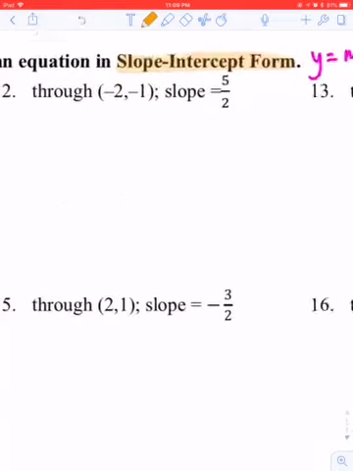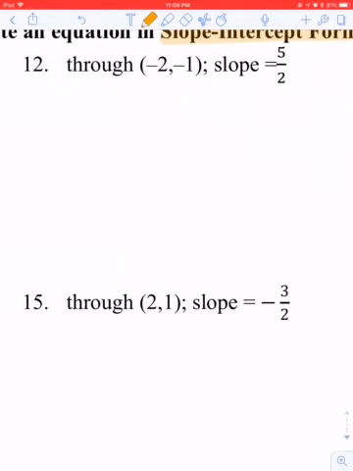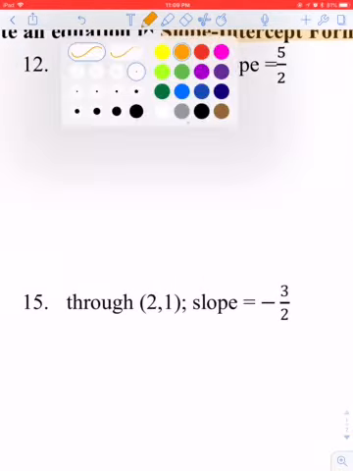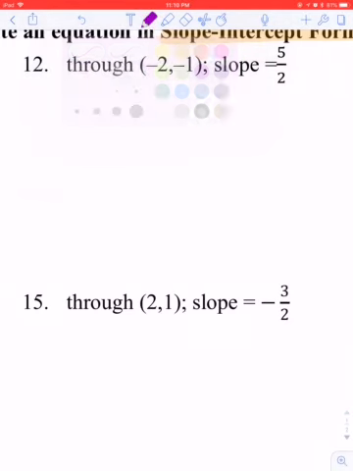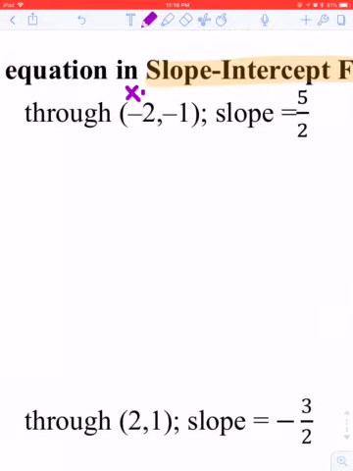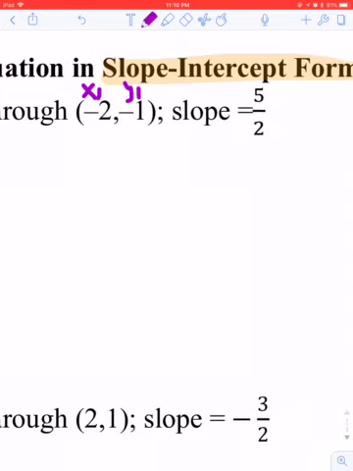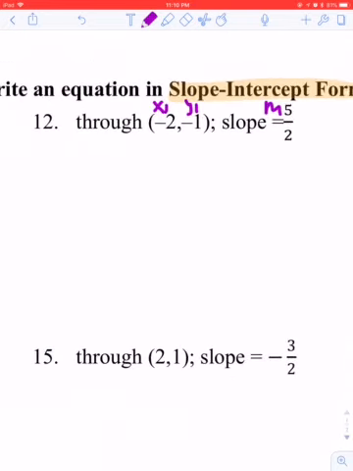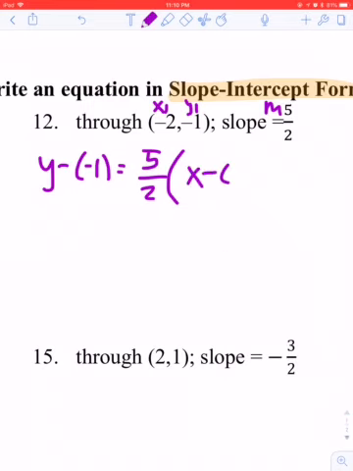Let's do one that has a fraction. So again, let's label x1, y1. This is your m. So I have y minus y1 is equal to your m, 5 over 2, just a fraction, times x minus x1.